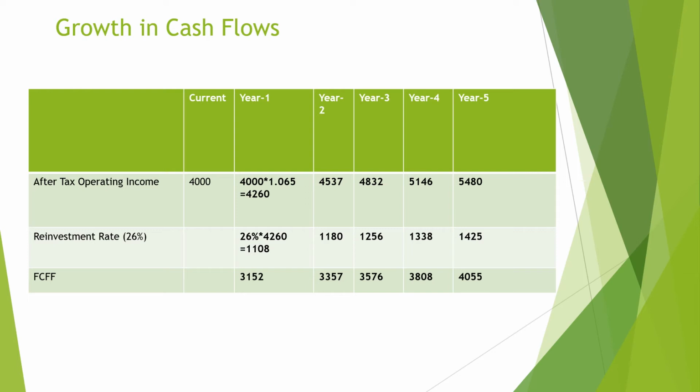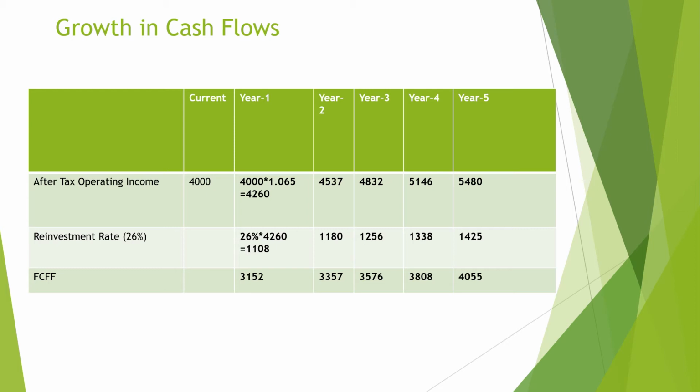So basically, in the first row we are multiplying these numbers by 6.5%, and that is nothing but the growth in free cash flows, or growth in FCFF, that we have seen, right? So how do we do it? 4,000 multiplied by 1.065, which is 6.5% growth. What we are saying is that after tax operating income should increase 6.5% year on year, and a part of this will be reinvested back into the business, which is 26% in this case.